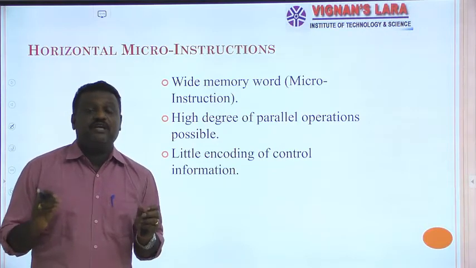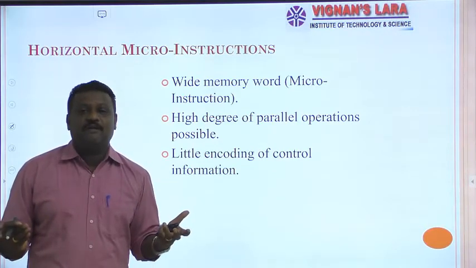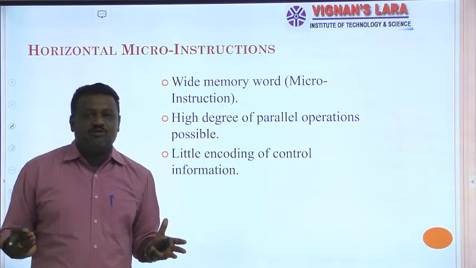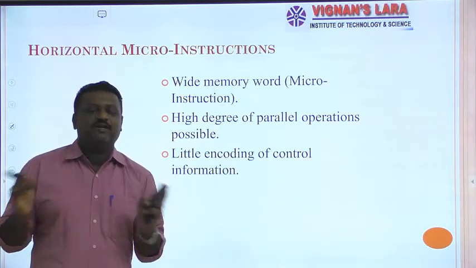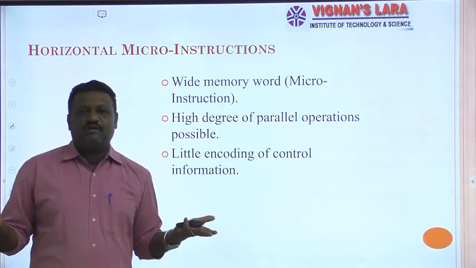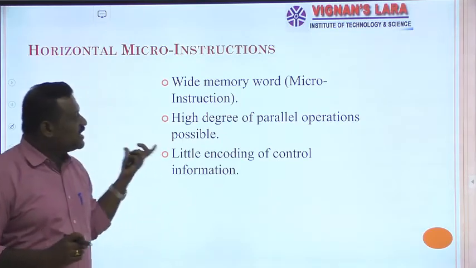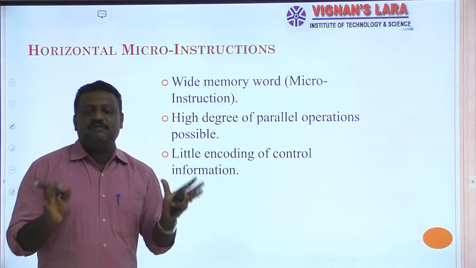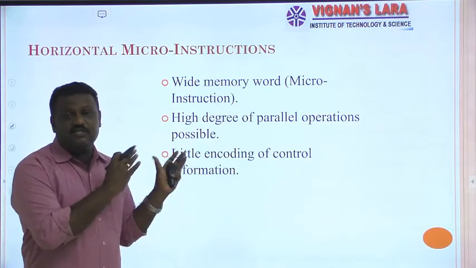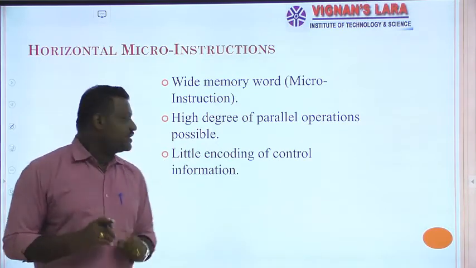Each bit represents one control signal. If I need a particular control signal, the corresponding bit is set to 1; if it is not required, that bit is set to 0. That's why more parallelism exists in horizontal micro instructions.